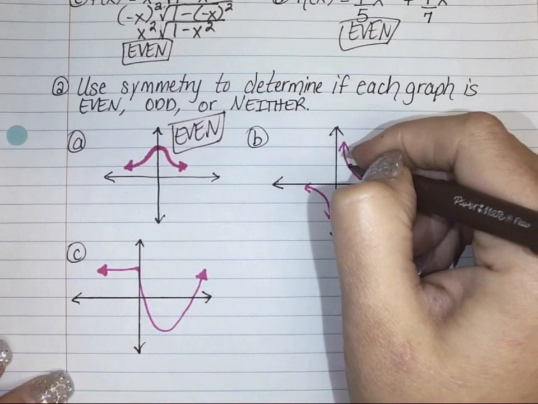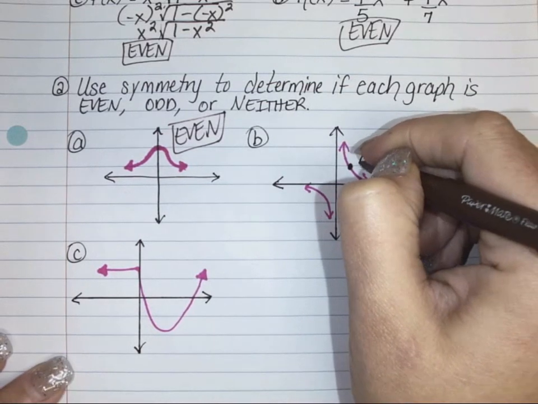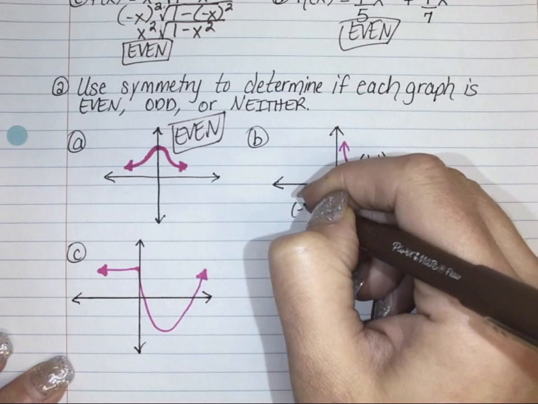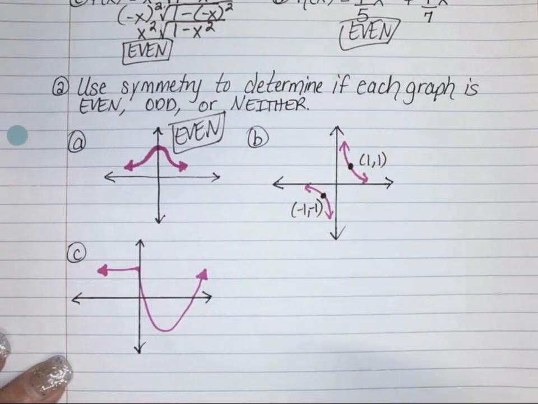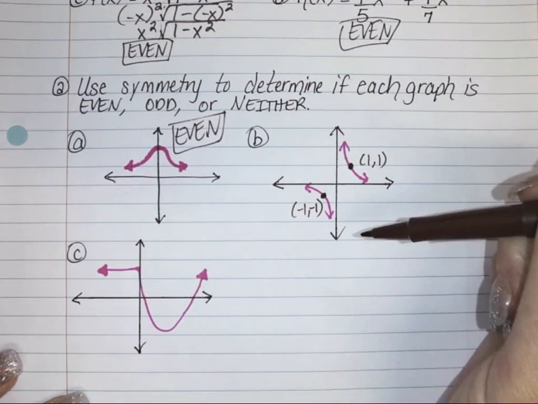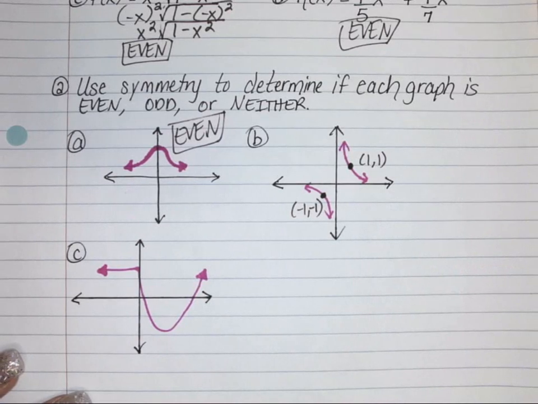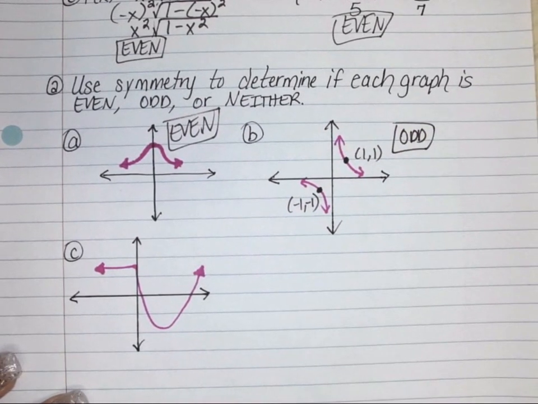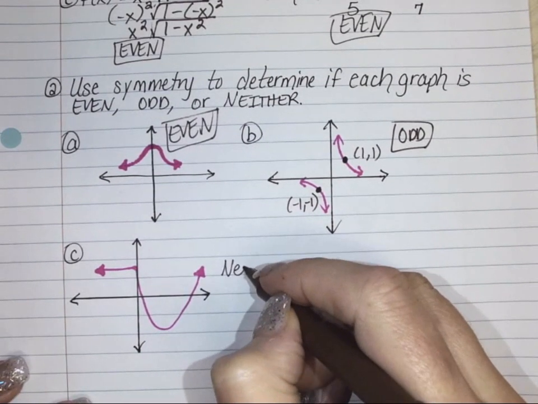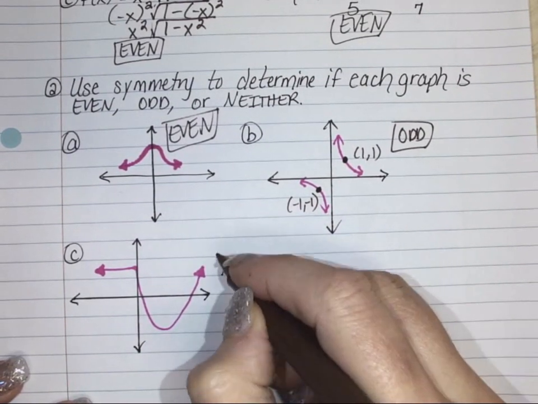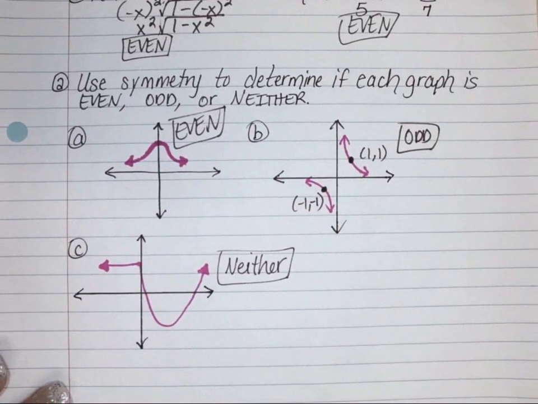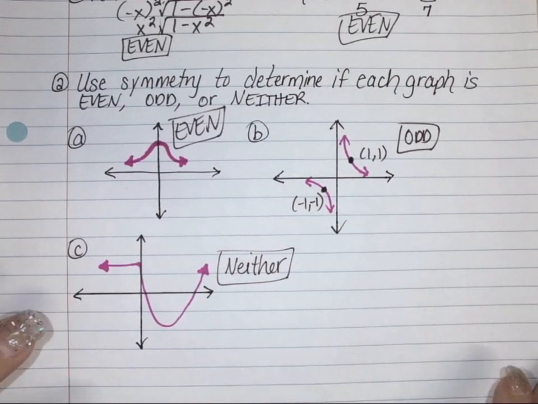Once again, you can check. Let's say that point (1, 1) is on the graph, then we would know that point (-1, -1) is on the graph. It is the exact graph in opposite quadrants. So odd. And part C, you can definitely tell this is neither right off the bat. This graph definitely doesn't have any type of symmetry along the y-axis, origin, and so on.